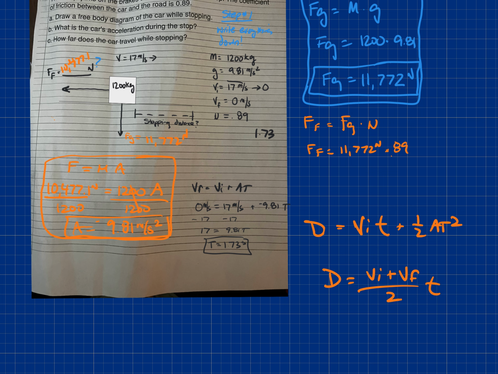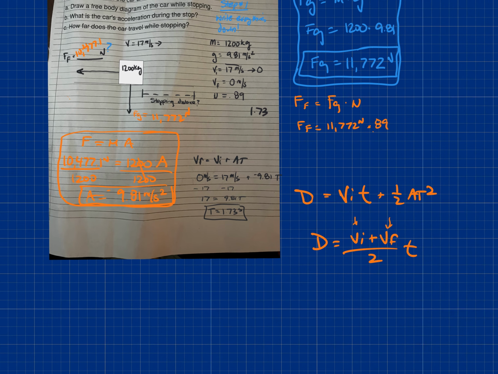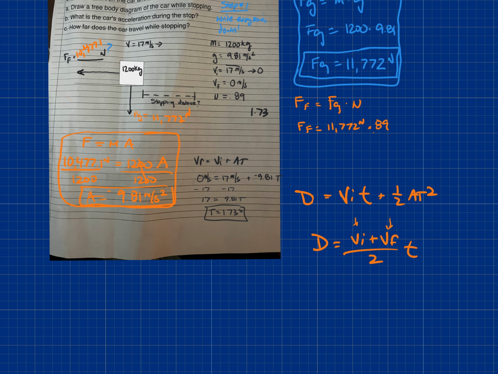And so basically what you're saying here is this is my initial velocity of 17 and this is my final velocity of 0. So I'm adding those two together and I'm dividing them. Where have we seen that before? Well, that's just the average, right? So you're taking 17 and 0, you're adding them together and you're dividing by 2, and that gives me 8.5.